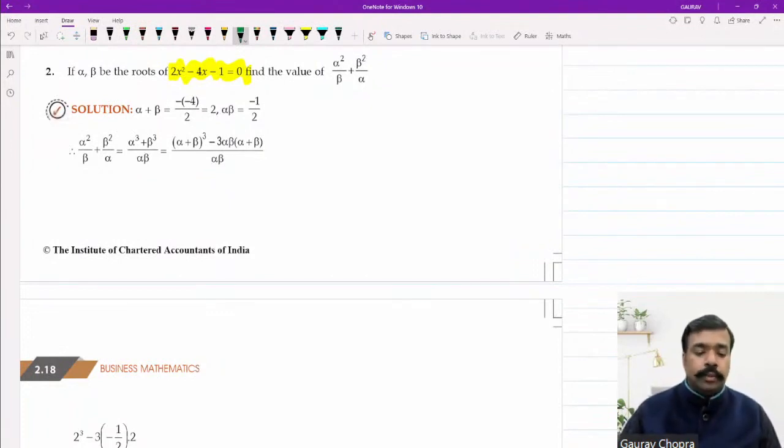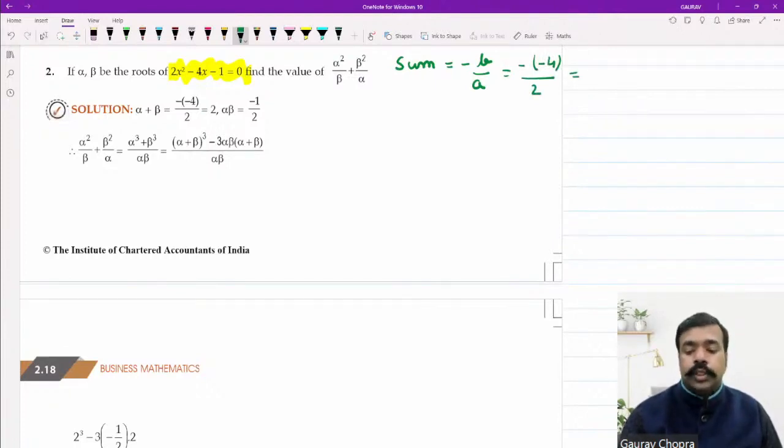So from this, we can calculate the sum. Sum means minus b upon a. So minus the value of b, that is minus 4, divided by a, that is 2. So it simply comes as 2. So 2 is simply the sum of roots.